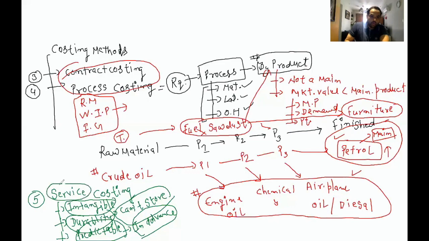So now, what kinds of businesses can we apply the service costing method to? Of course, any kind of business which is involved in providing services, not involved in production at all.